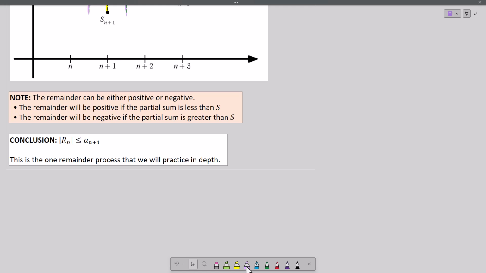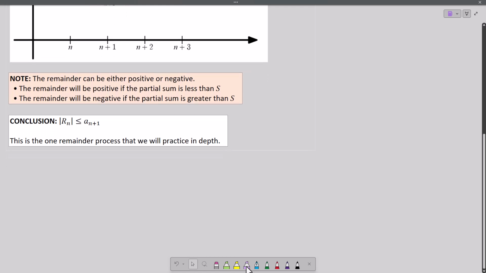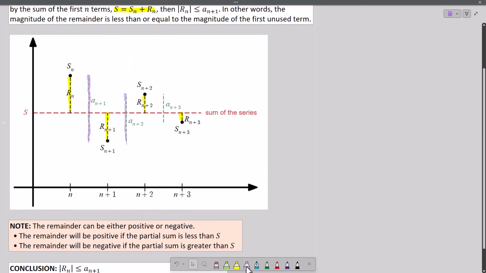And if we take the absolute value of the remainder, that's always going to be less than or equal to the magnitude of the next term. And remember that with an alternating series, the a sub n's are always positive. So when we look up here, yes, we are going down to get to the next partial sum here.